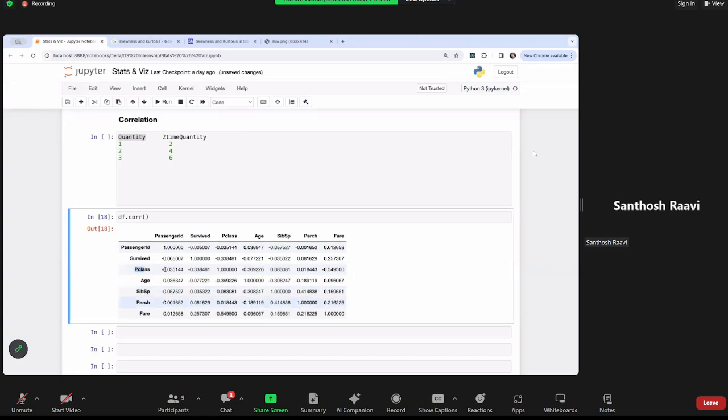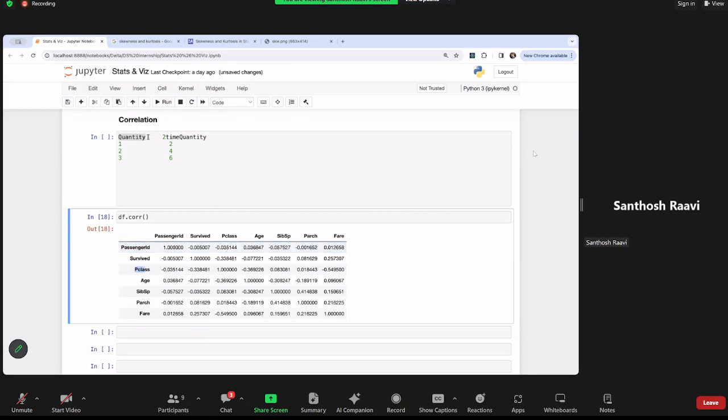Like this you can verify, and you can compare between the columns. You can drop those columns which are highly correlated with another column. Any one column you can drop.